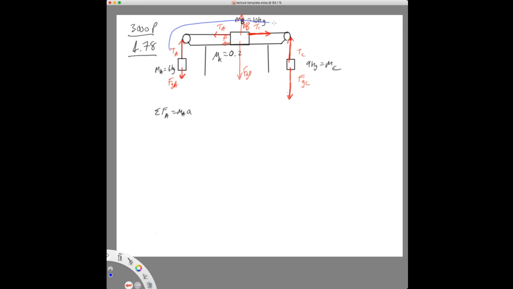I'm going to say anything moving sort of up on the left and to the right on top and down on the right will be plus. And that allows me to give the same acceleration for all three. So I can just call this A. And then we have sum of the forces on B equals mb times acceleration B. And sum of the forces on C equals mc times AC.